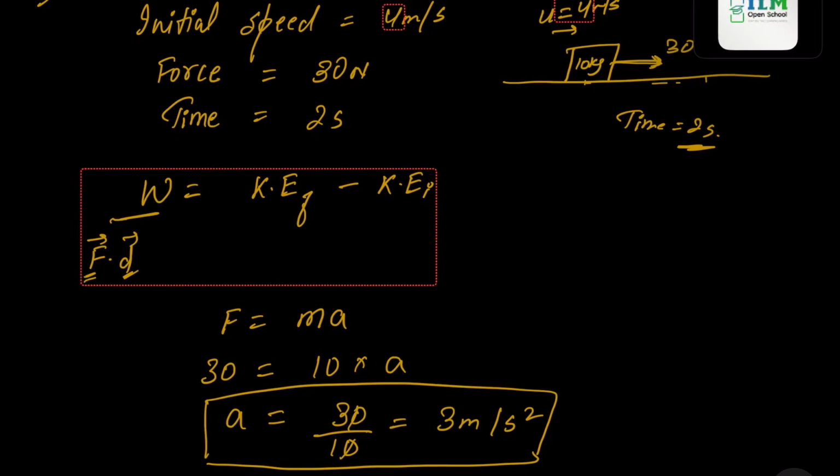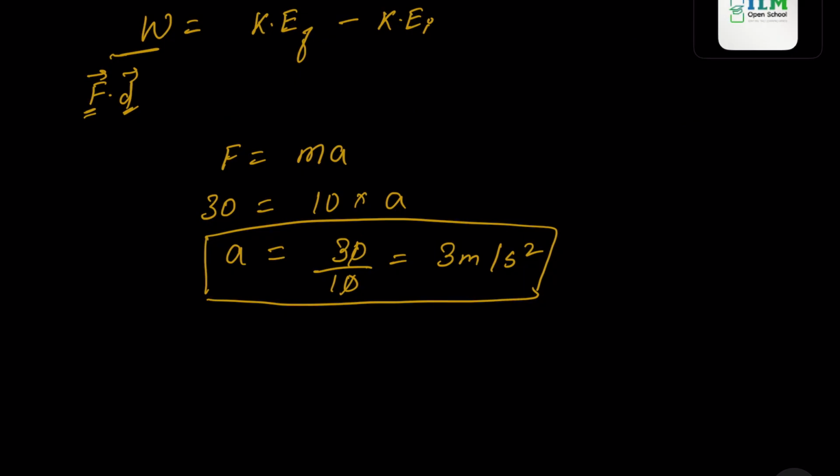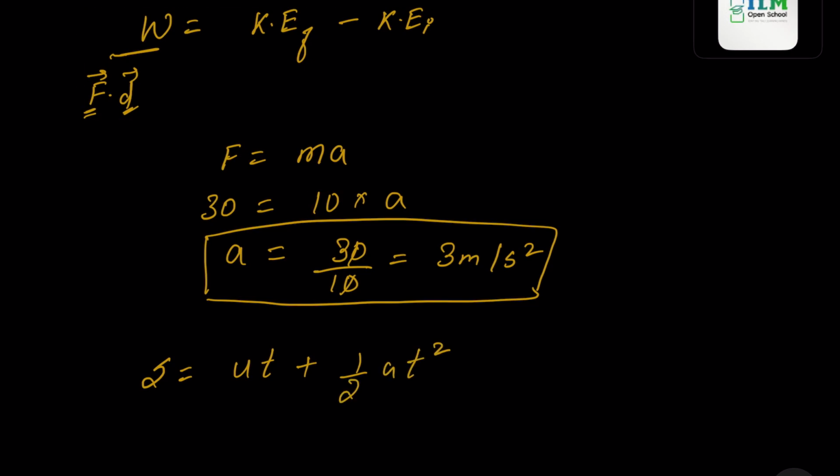Now by using this acceleration, we can find how much displacement it has covered. To find displacement, we will use this formula: s is equal to ut plus half at square.